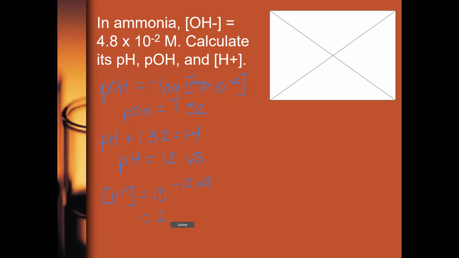And remember, since our pH has 2 decimals, our concentration needs 2 digits. And remember, concentrations are measured in molarity. So all of those are calculations that we did in Chem 1 as a refresher.